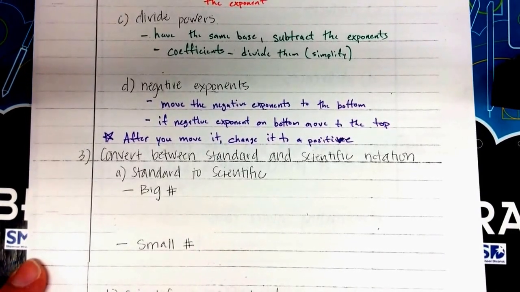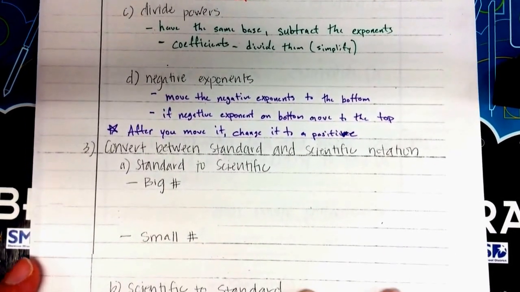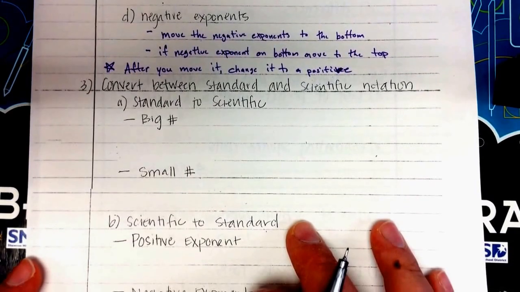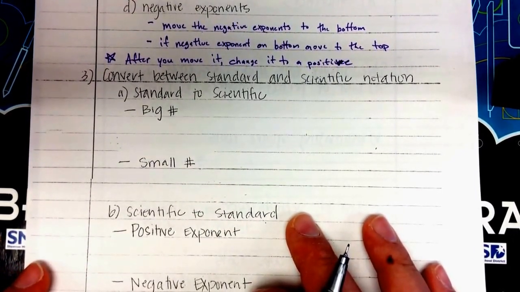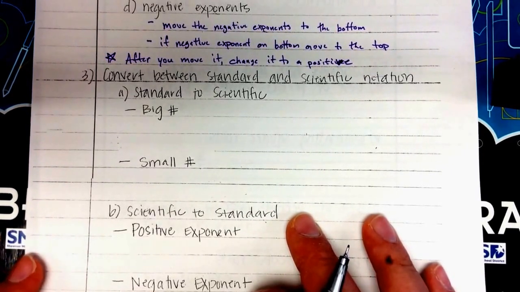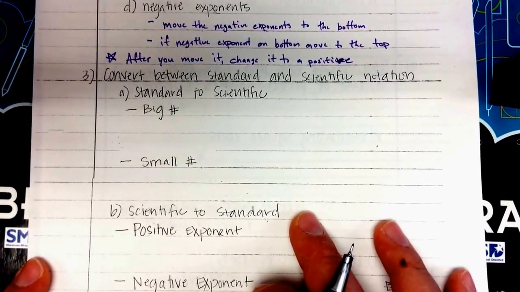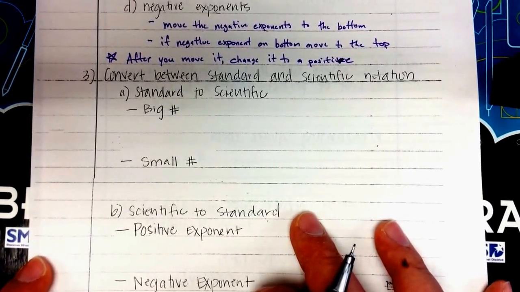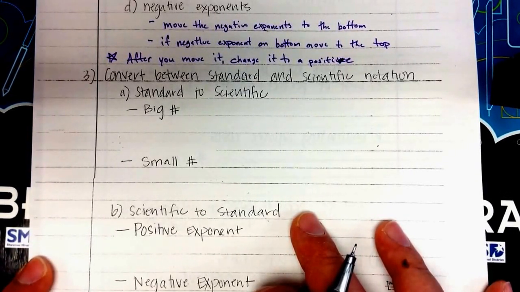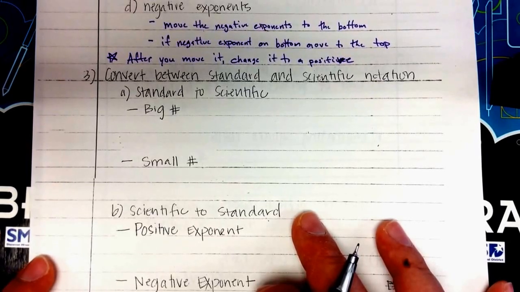Okay, so moving on to some review of our scientific and standard notation rules. So when you're moving from standard to scientific, what's a big number? What are our exponents going to look like?